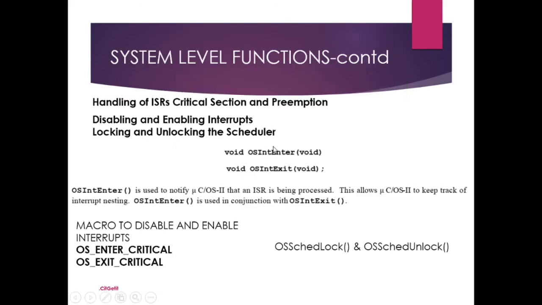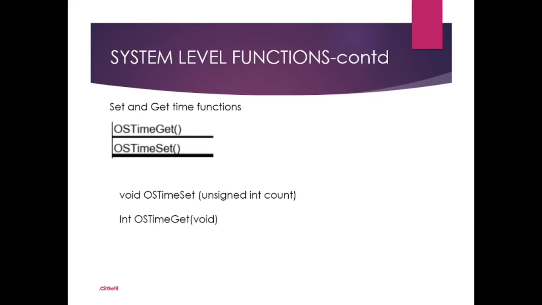Then for disabling and enabling the interrupts we are using two macros. Then for avoiding the preemption we are using two functions, namely OS schedule lock and OS schedule unlock. Then for setting time and getting time we have two more functions. So these are all about system level functions provided by MUCOS 2.